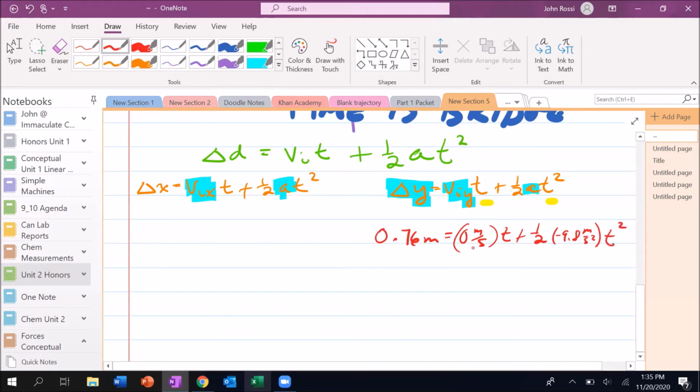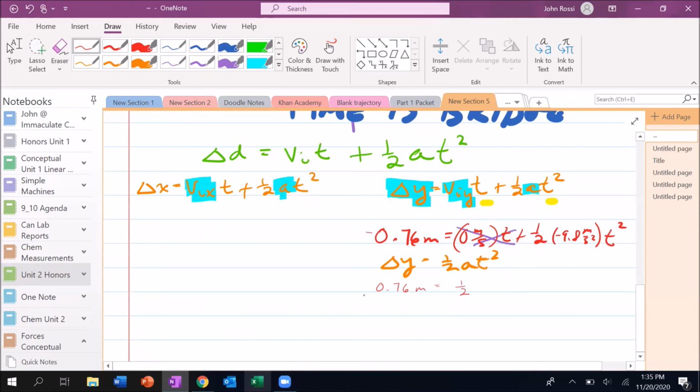What can we do here? Well, 0 times time will allow us to basically cancel that part of the equation out. So it's going to become delta y is equal to 1/2 acceleration times time squared. So let's do that. So 0.76 meters is now 1/2.